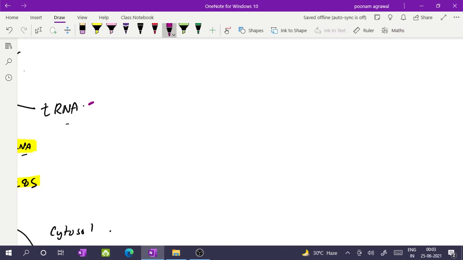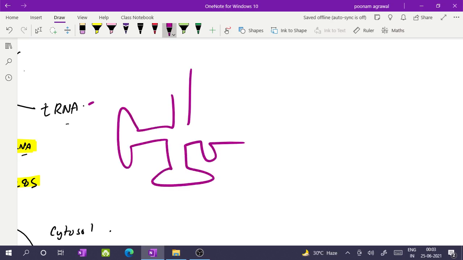Coming to transfer RNA. Transfer RNA, as you know, has a beautiful clover leaf structure, but you can logically understand that it is never synthesized in this fashion from the gene. The transfer RNA is synthesized by RNA polymerase 3, as I have told you in the previous lecture, and the transfer RNA which was initially synthesized was a long linear molecule, a huge molecule, having extra nucleotides towards the 5' end and 3' end. So there are many modifications.